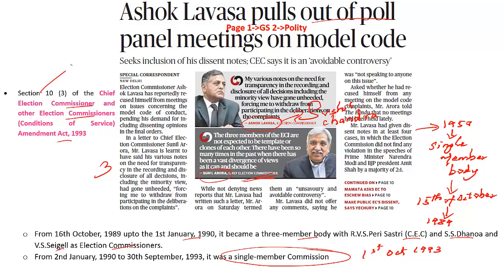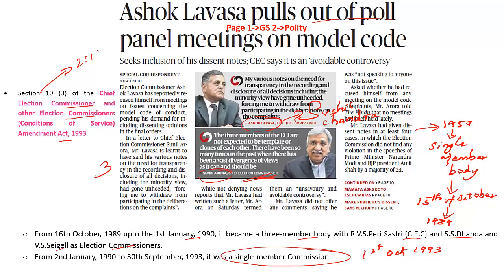The majority here is on the basis of 2:1. When we say 2:1, it means there are two election commissioners who have the same view and there is another person with a minority view. So what will take the precedence here? Those two people who have given the majority view, that will be taken, and this decision will be complied with and enforced.